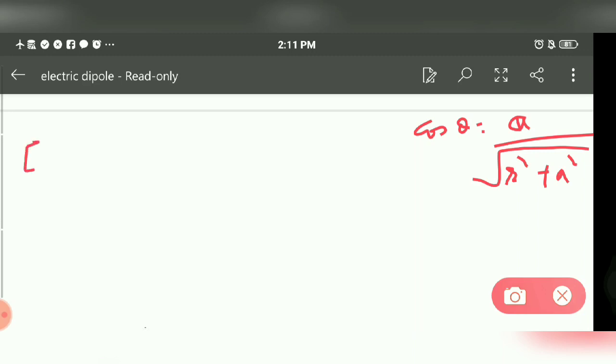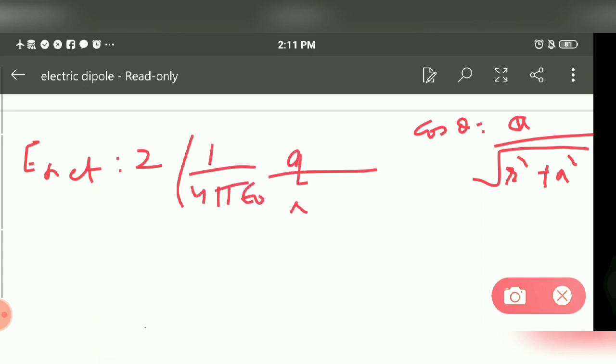Now I'm going to substitute the value. E net is equal to 2 times 1 by 4 pi epsilon naught q upon r square plus a square into cos theta, and this is the value of cos theta.